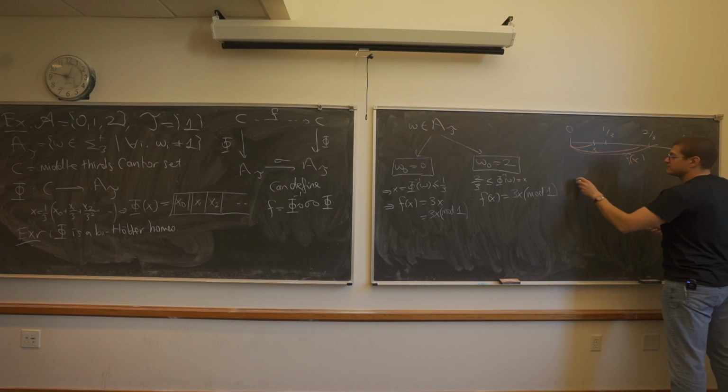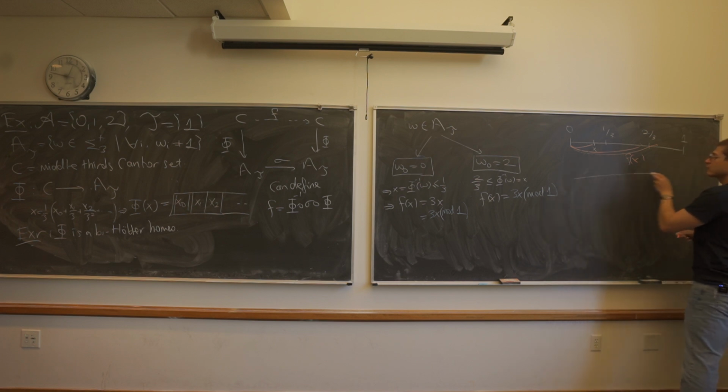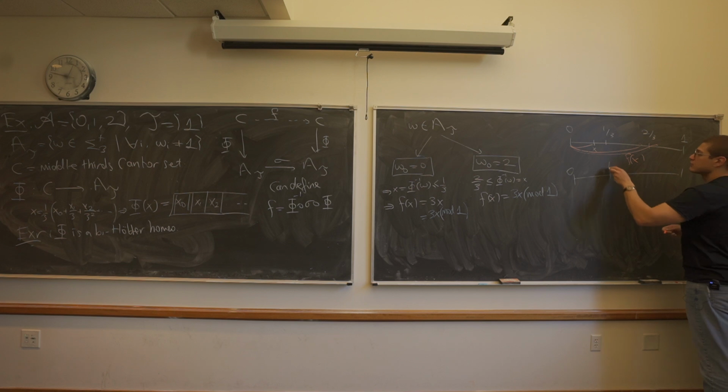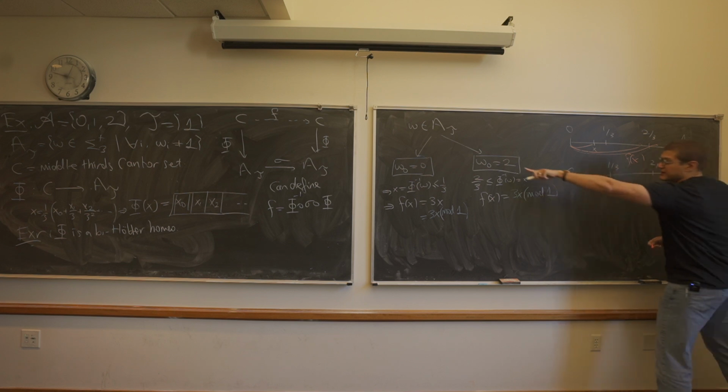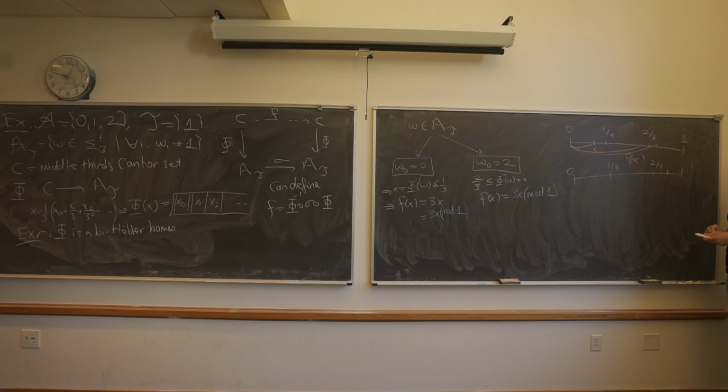If, on the other hand, x happens to be here, then look at this distance and multiply it by 3.